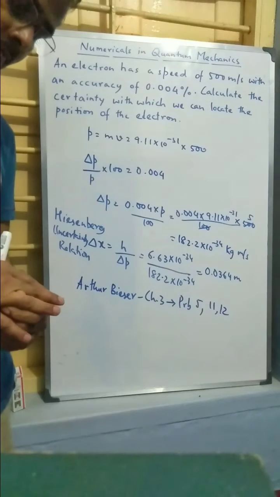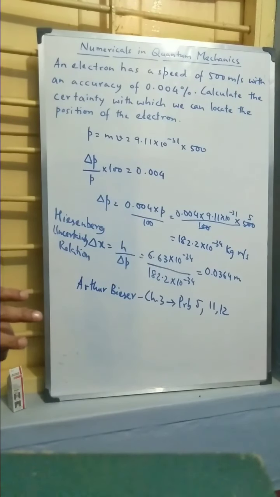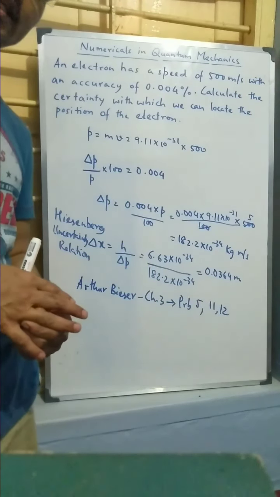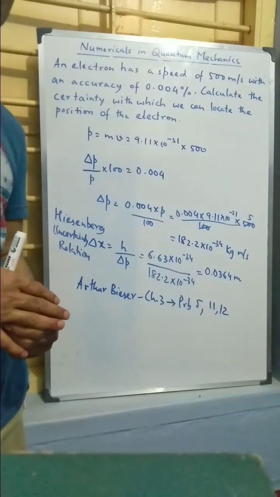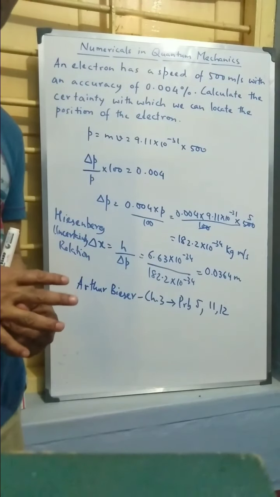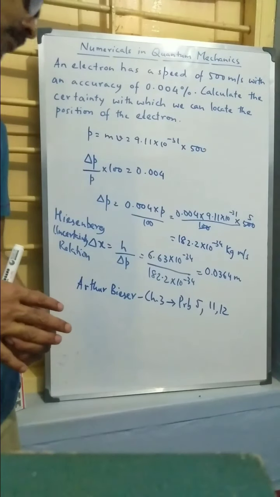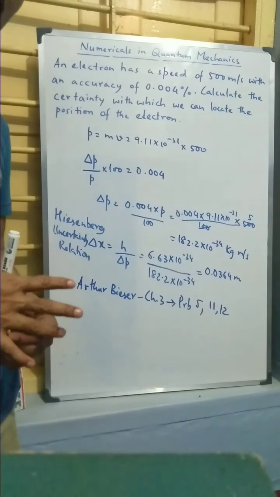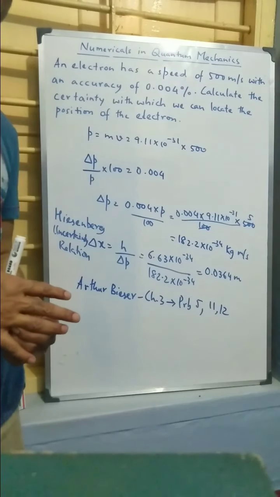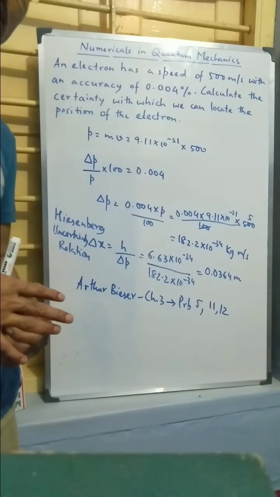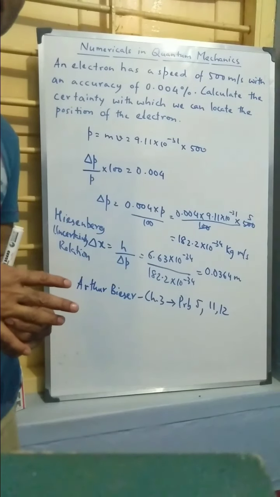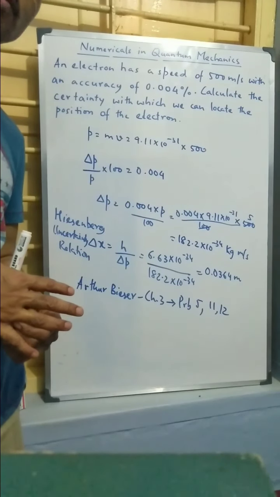And the third problem, problem number 12, deals with an expression of the de Broglie wavelength in the case of a relativistic charged particle.